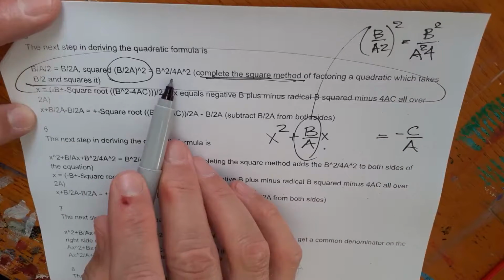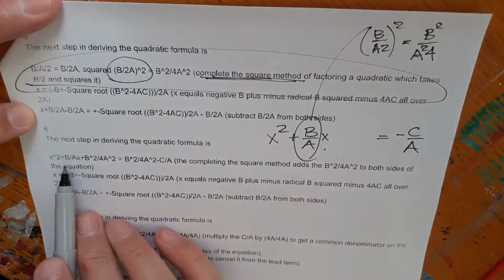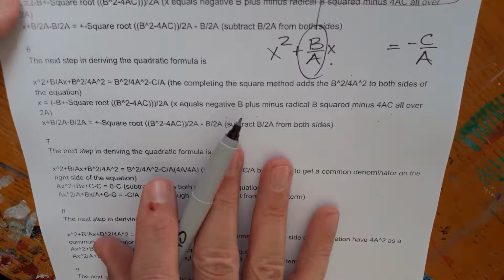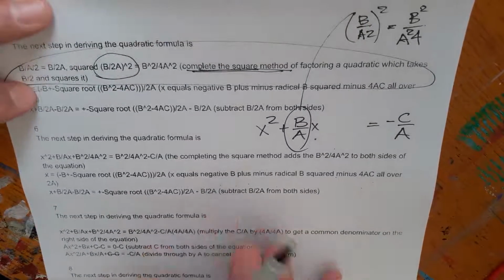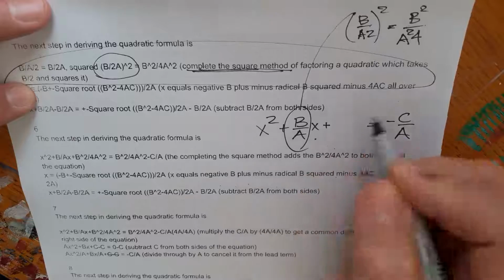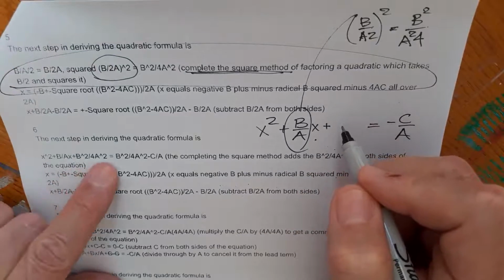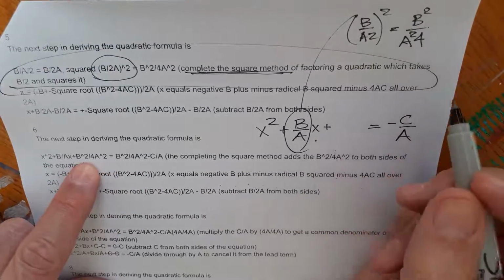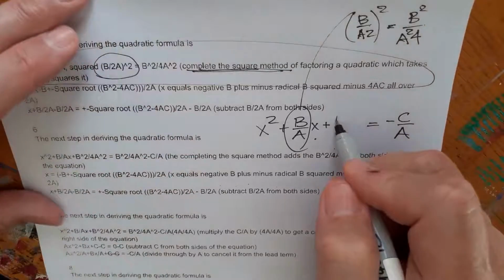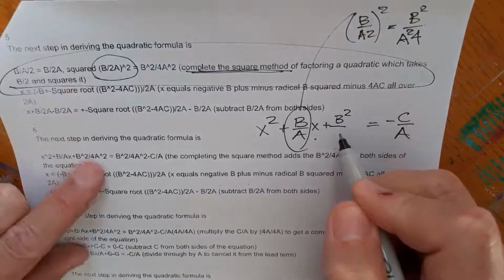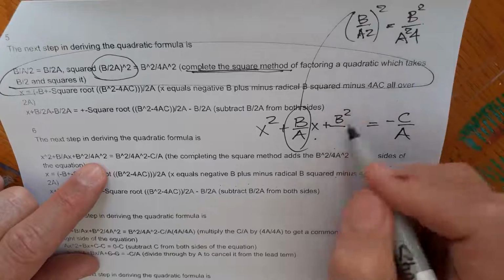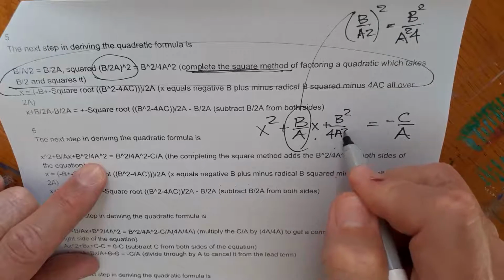So we took this part. We're now going to add it to both sides and put it right here. We're going to say plus, is that what I've got right here? Yes. We've got b squared over, and we move the 4 right in front of the a, so 4a squared.